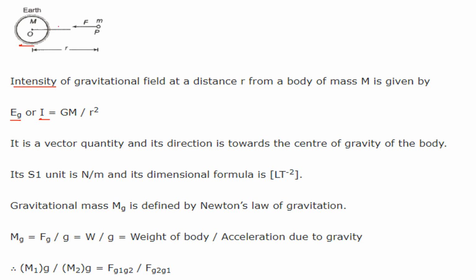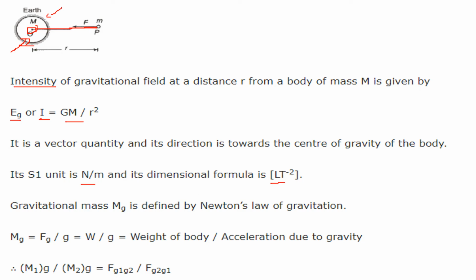This gravitational field or intensity is given by G into M, where M capital is the mass of the earth in this example, divided by the distance of that object from the center of the earth. This is a vector quantity and the direction is towards the center of gravity of the body. So this is the scenario here. The SI unit is Newton per kg and the dimensional formula is L T to the power minus 2.